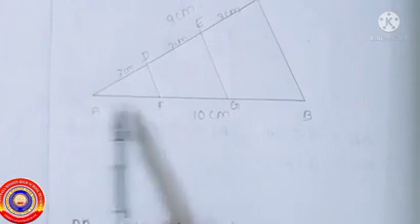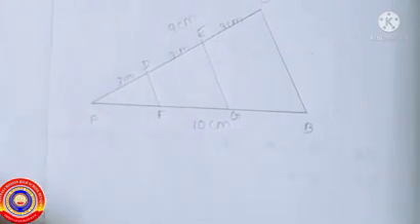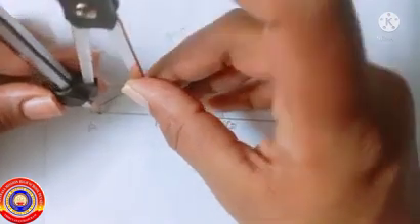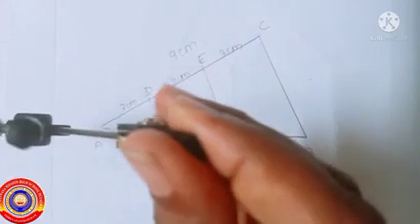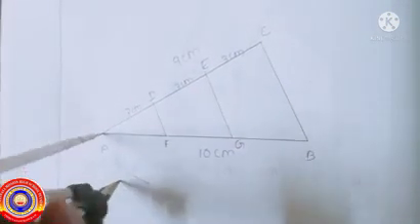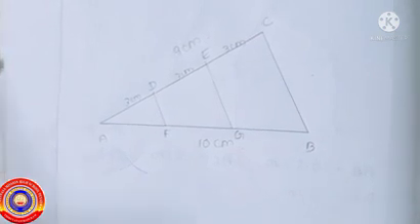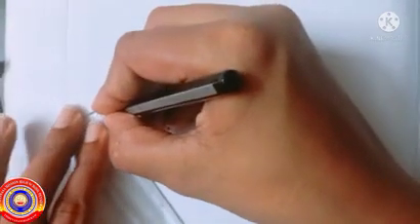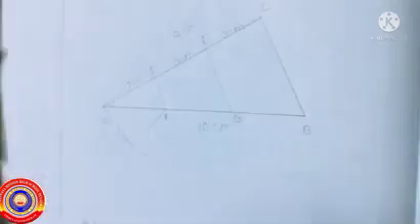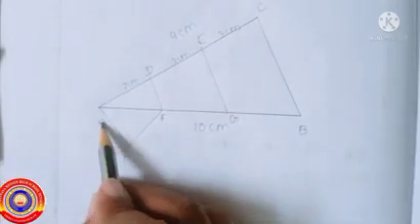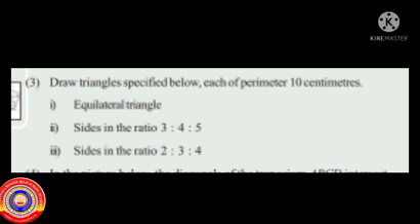For that, place the compass at the point F and measure more than half of the length of AF and then draw arcs by placing the compass on both the sides of A and F and then join the points together. Now we have got an equilateral triangle AFH. Like this, do the second and third part of this question as a homework activity.